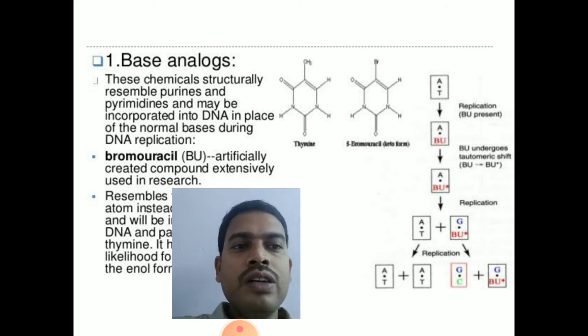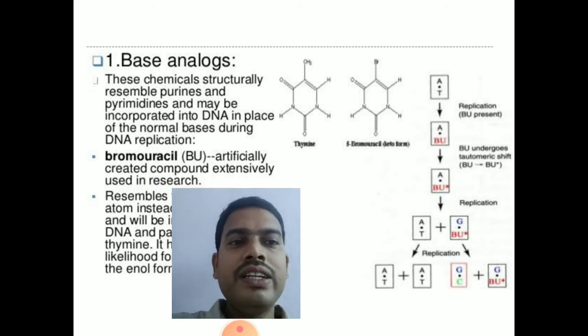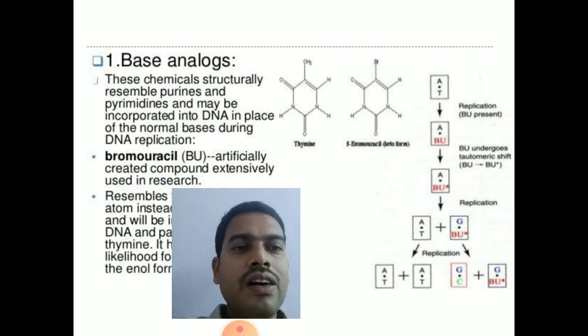Generally A will bind with T. This is the general binding of AT, because thymine is called 5-methyl uracil or 2,4-dioxy 5-methyl pyrimidine. So 5-bromouracil is similar to methyl uracil, that is thymine.